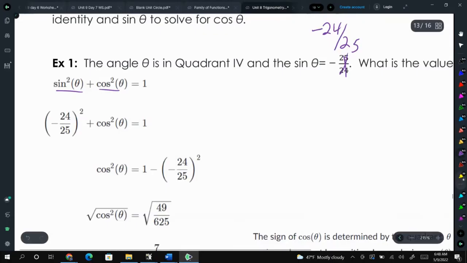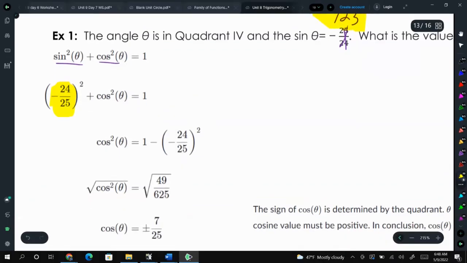Well, we know that sine is negative 24 over 25. Then we want to get cosine by itself. So that's why we subtracted 24 over 25 squared from both sides.